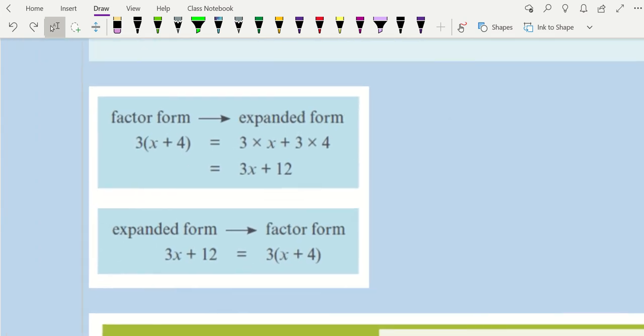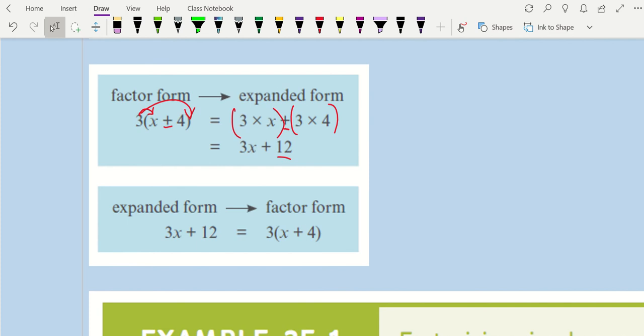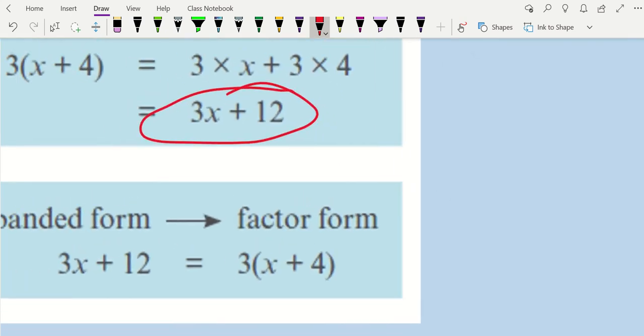If we have a look here, we've got this factor form and expanded form. Remember yesterday we said this is going to be like 3 times x, which is that bit there. Then there's that plus, we put that plus 3 times 4, and we could simplify that by saying 3 4s are 12. Now we're going to work backwards today, and I'm going to try and find the common factors of two terms. If I look at this, what number goes into both 3x and 12?